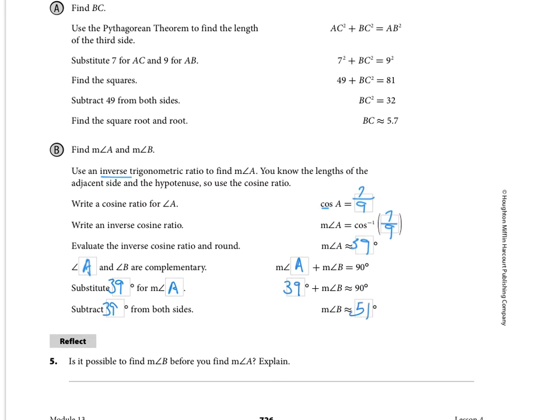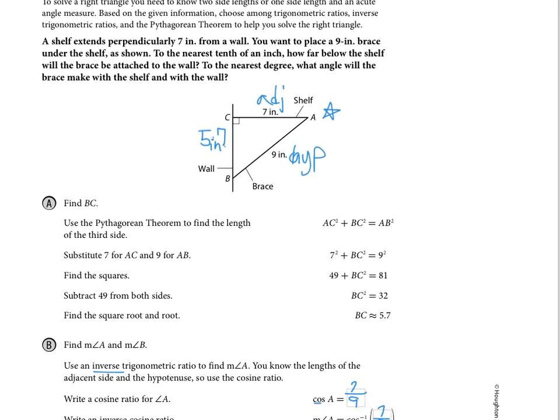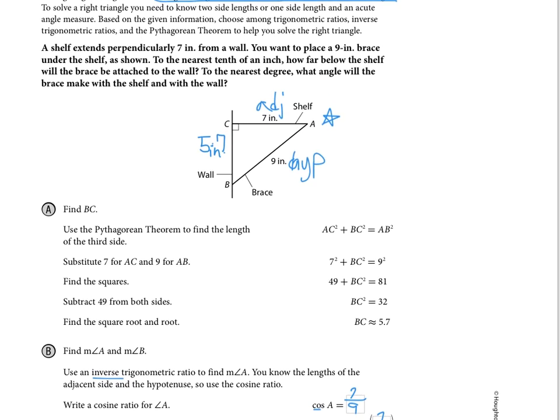The question is, is it possible to find the measure of angle B here in our reflect number 5? Is it possible to find the measure of angle B before you find the measure of angle A? Well, let's think about that. Go back to your diagram. Let's redraw our diagram with what we had to begin with.